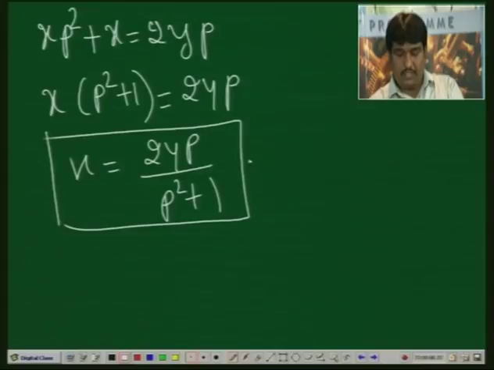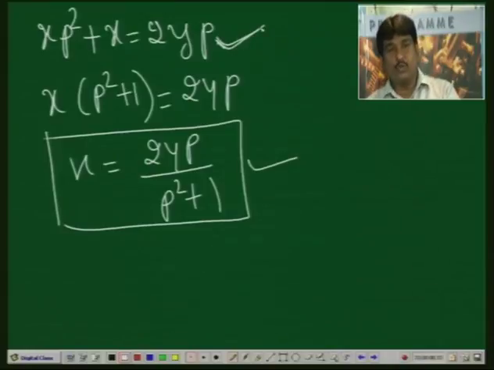You have to differentiate this equation with respect to y, or else you can differentiate the given equation only. If you want to avoid the quotient rule, you differentiate xp square plus x equals 2yp with respect to y.